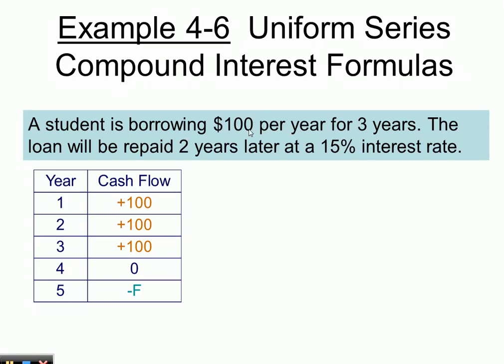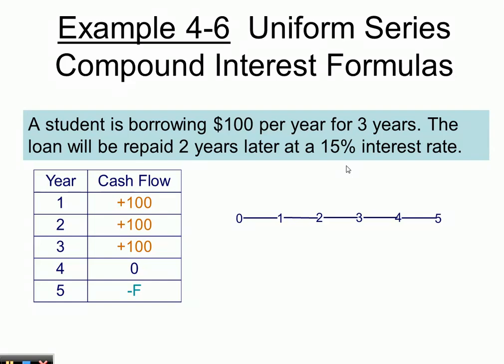So we're borrowing 100 at the end of year 1, 2, and 3, and then we're gonna skip a year, and then we have to pay what we borrowed, right? Pay including using interest rate of 15% annually.